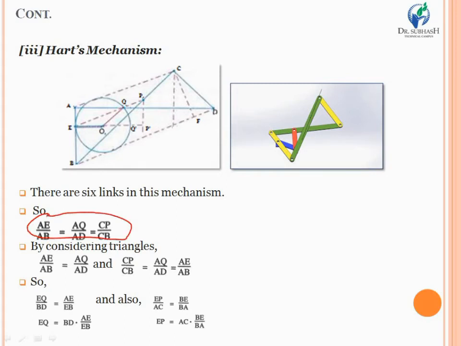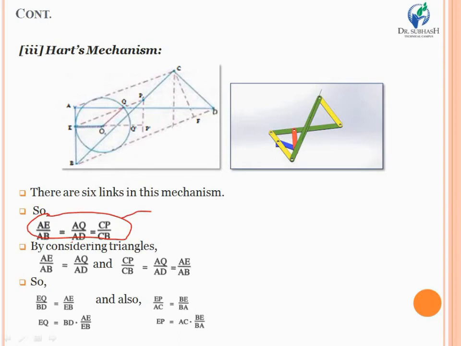So this is the prime condition: the ratio of dimensions of the links should be maintained in such a way that AE upon AB is equal to AQ upon AD, and that should always be equal to CP upon CB.